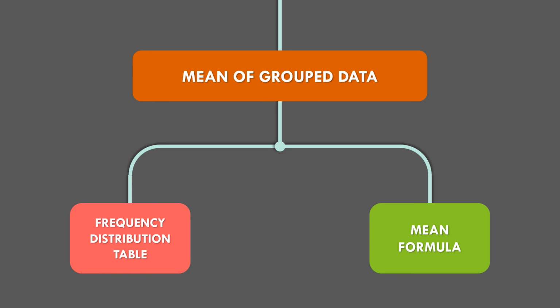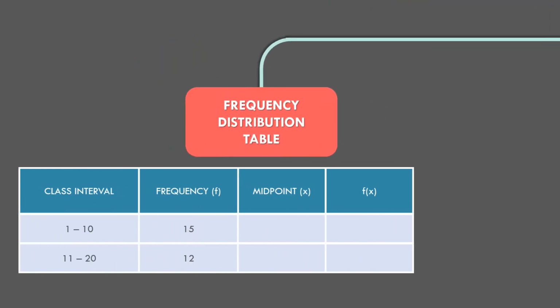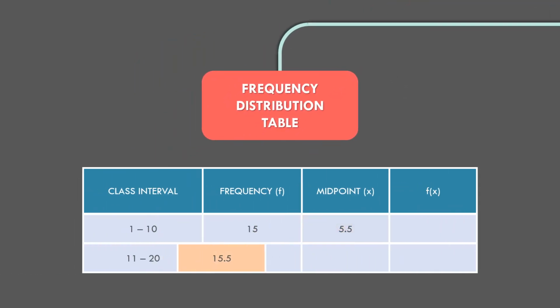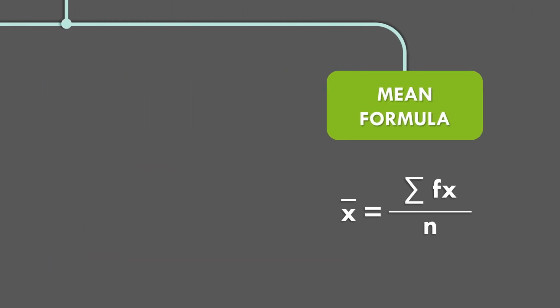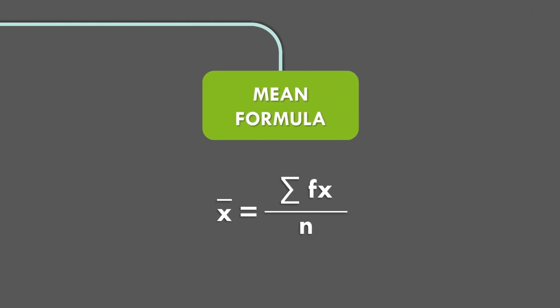Second, the mean formula. In the frequency distribution table, we have the class interval, the frequency, the midpoint, and then the f times x, where we multiply frequency times the midpoint. The formula for the mean of group data is mean equal to the summation of f times x all over n.